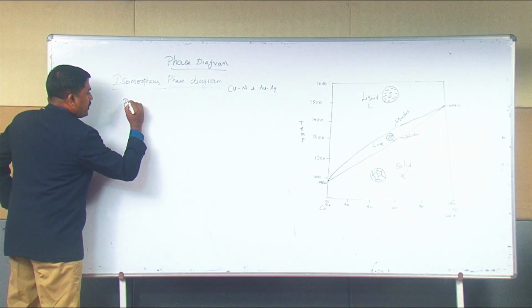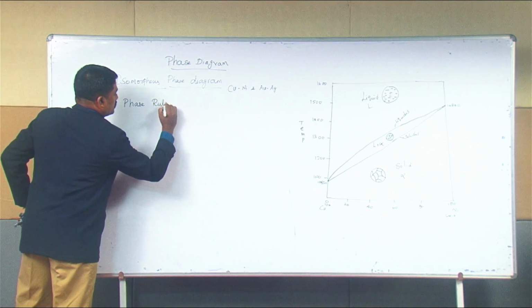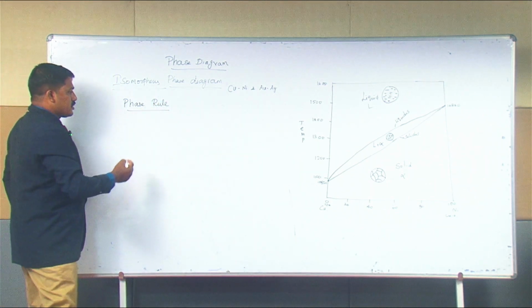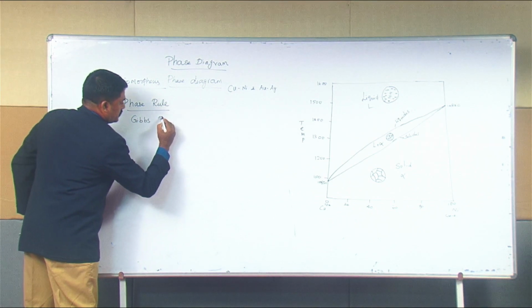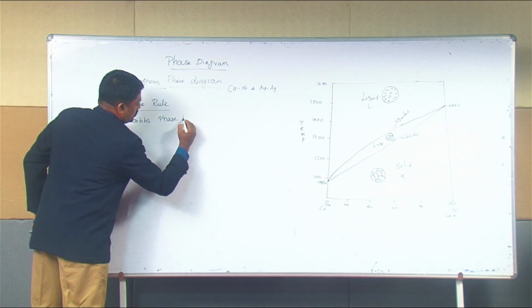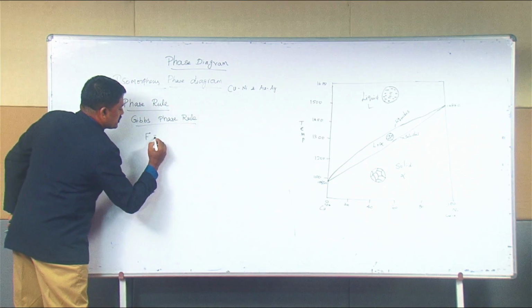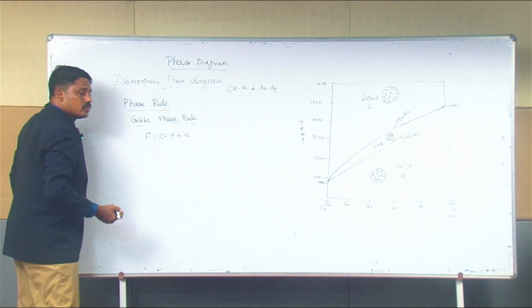So using the phase rule, we already know that F is equal to C minus P plus N. Here N is 1.